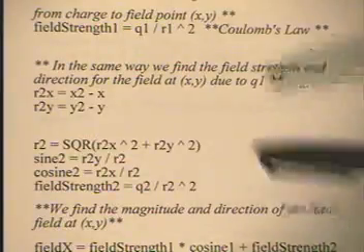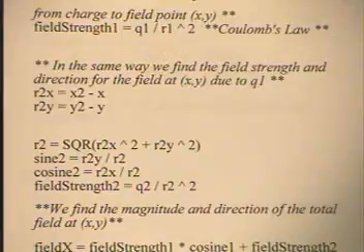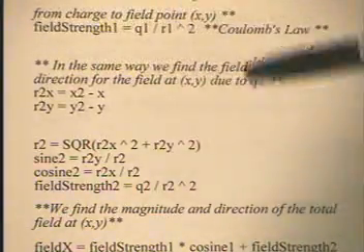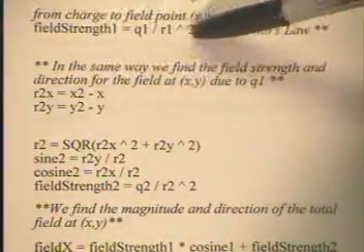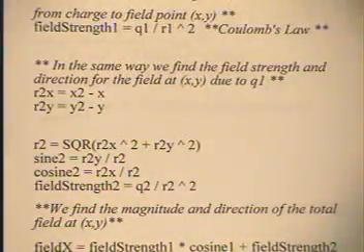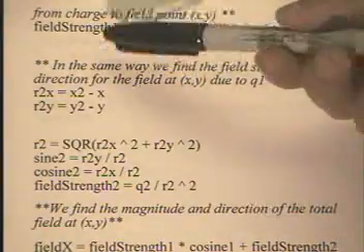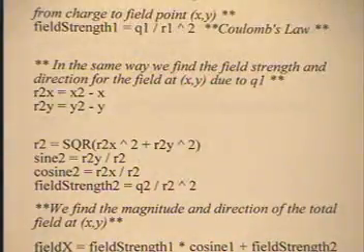It doesn't really care if this is times 9 times 10 to the 9th or not. So the field strength here isn't ever going to really appear on the screen. It's there to give the program the relative field strength between the strength from charge 1 and the strength from charge 2.